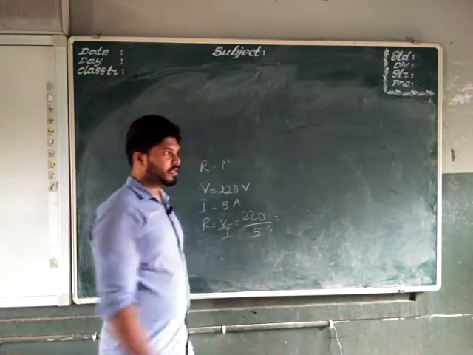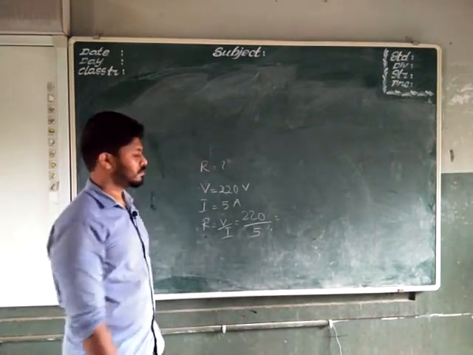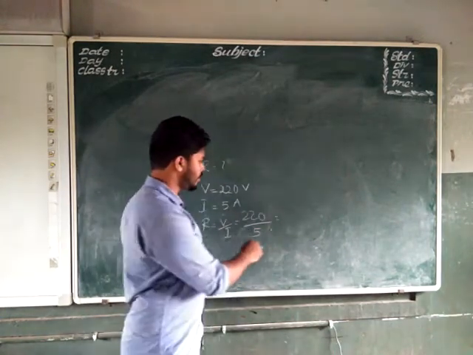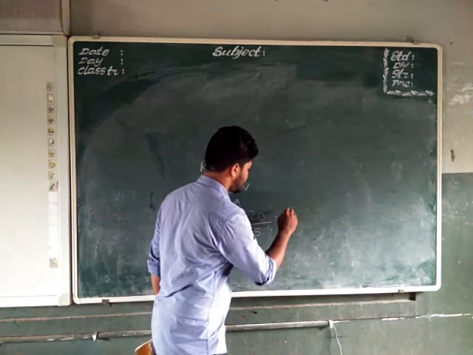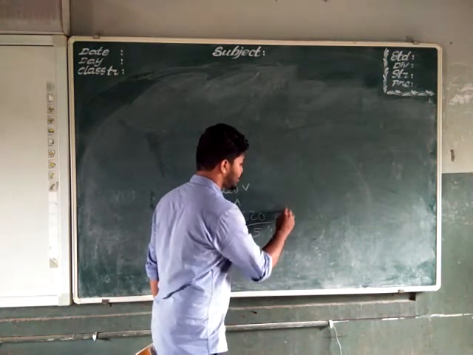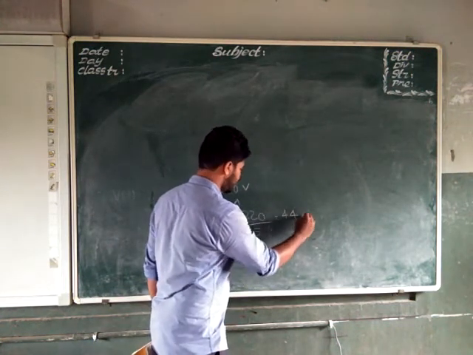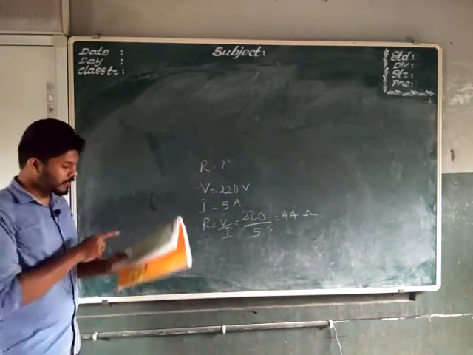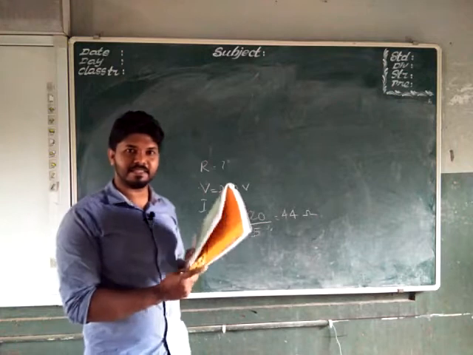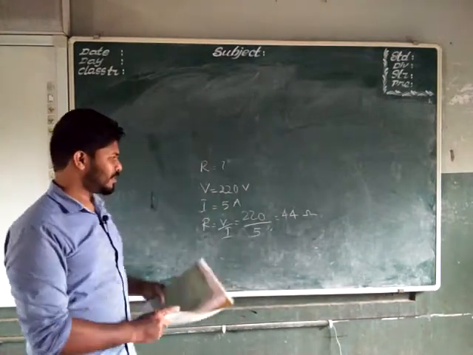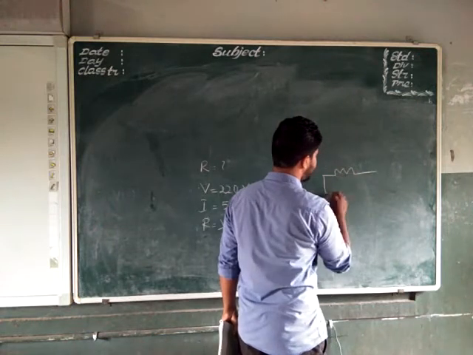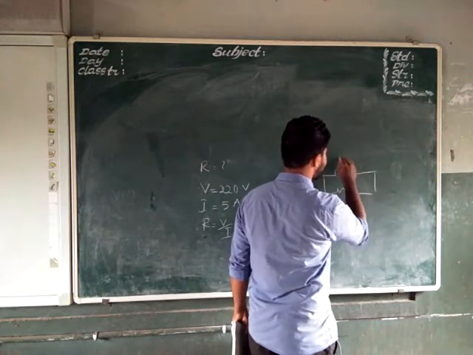So this gives us how much? In 20 is 4. 44 ohm. So the resistance is 44 ohm, and the question is how many 176 ohm resistors are needed. So what happens when we connect two 176 resistors like this?